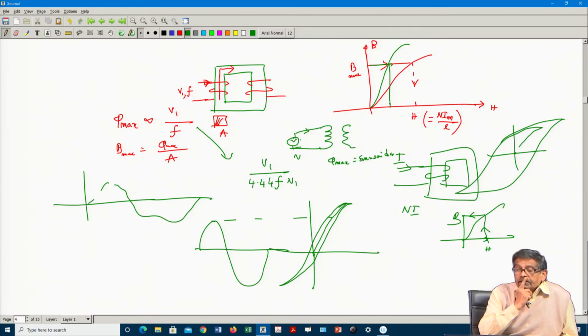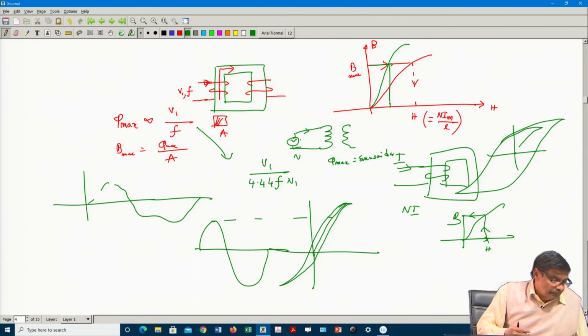And if you say that flux in the core is not sinusoidal, because the current in the line is fundamental 50 hertz, then flux cannot be just the fundamental component alone, there will be a third harmonic component. But that third harmonic component itself will try to pass that necessary third harmonic current in this coil in order to suppress the third harmonic voltage.